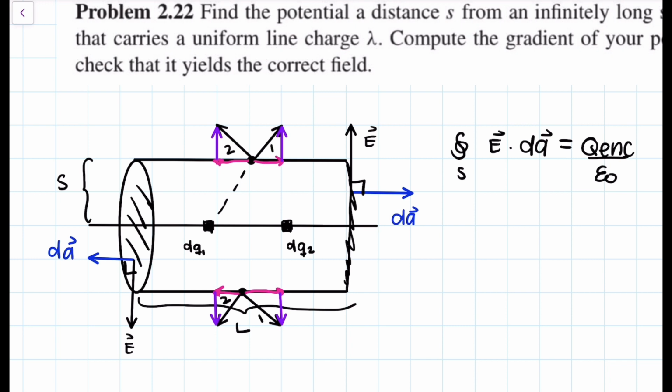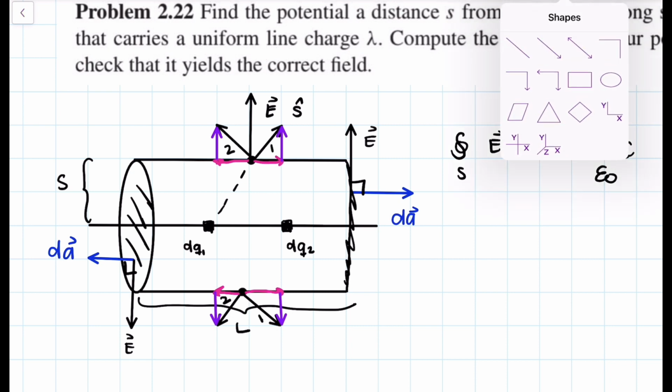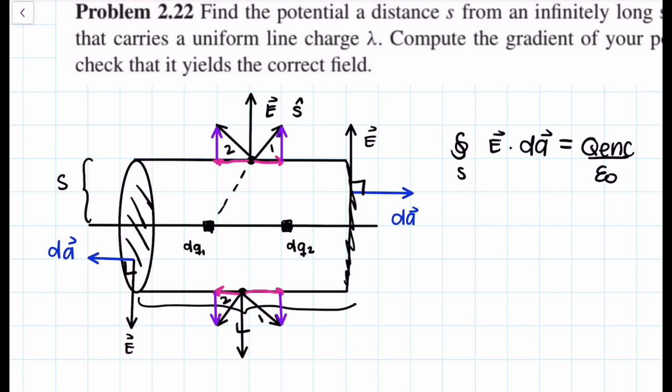And the electric field ends up looking like this. As I said, it goes out away from the wire in the s hat direction, and that is for both of these points.